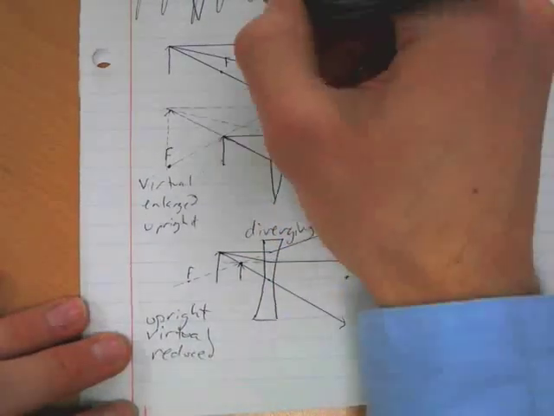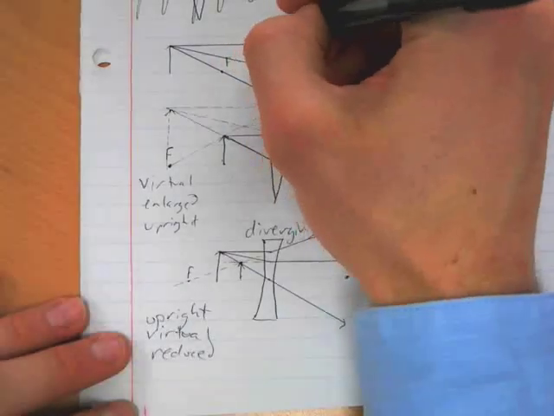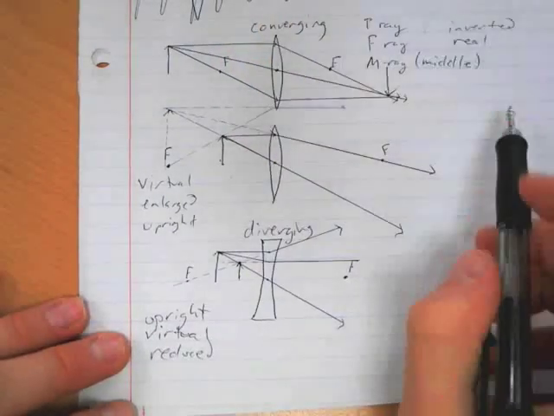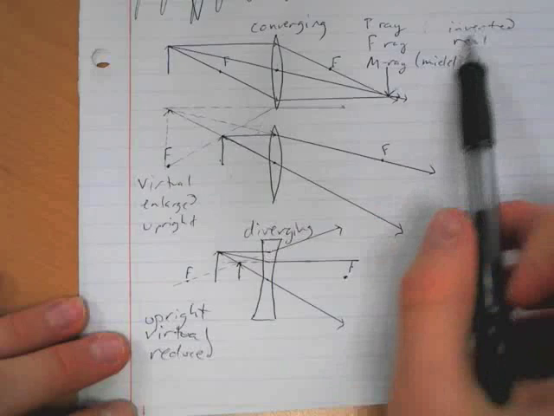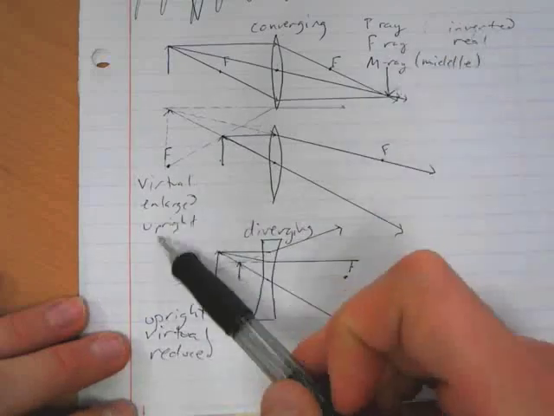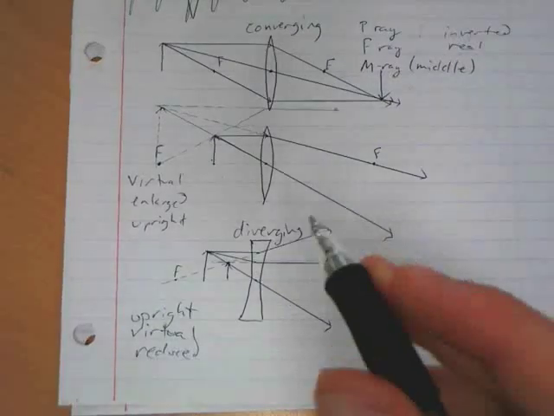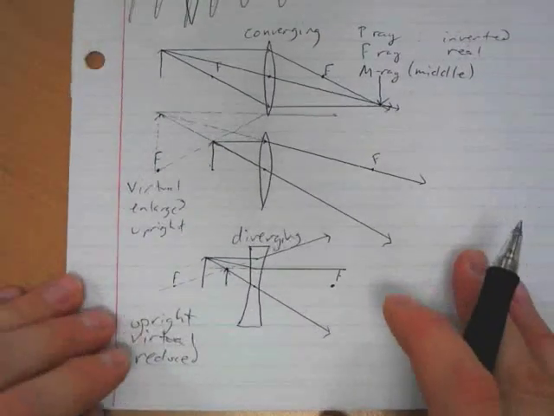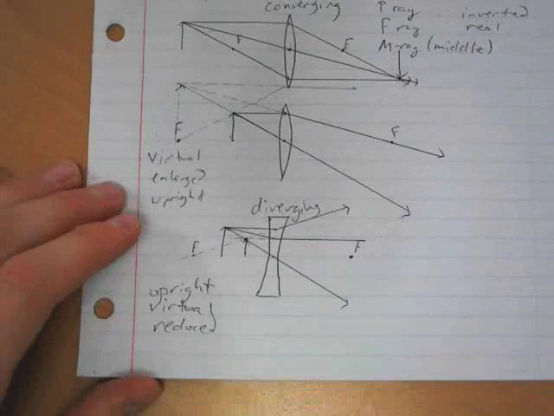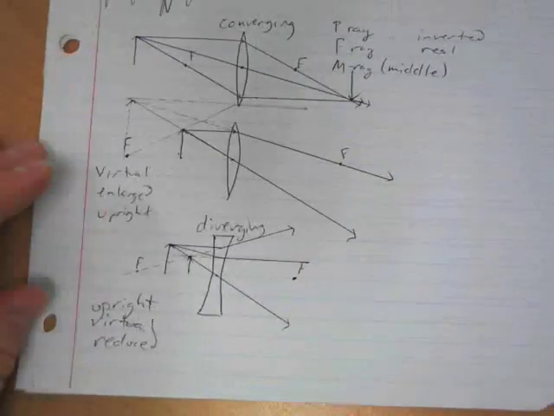Whereas for a converging lens, depending on where the object is, it could be virtual or real, it could be inverted or upright, it could be enlarged or reduced. So those are our ray tracings for our different kinds of lenses.